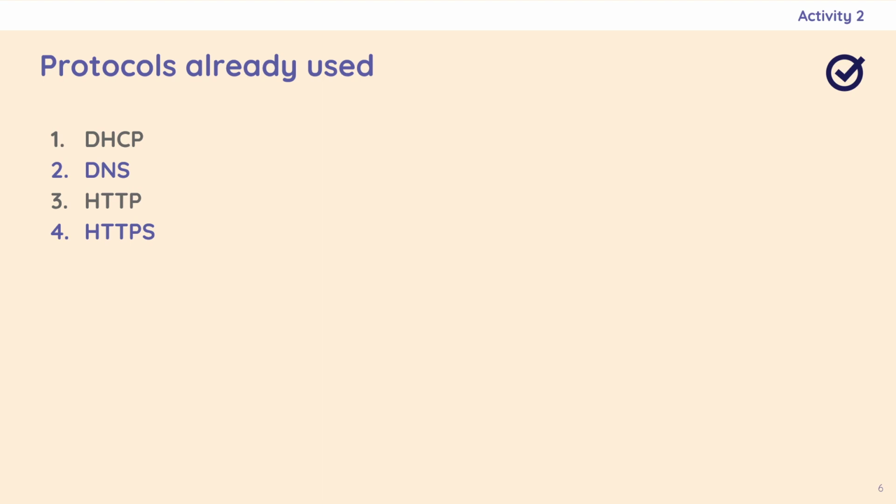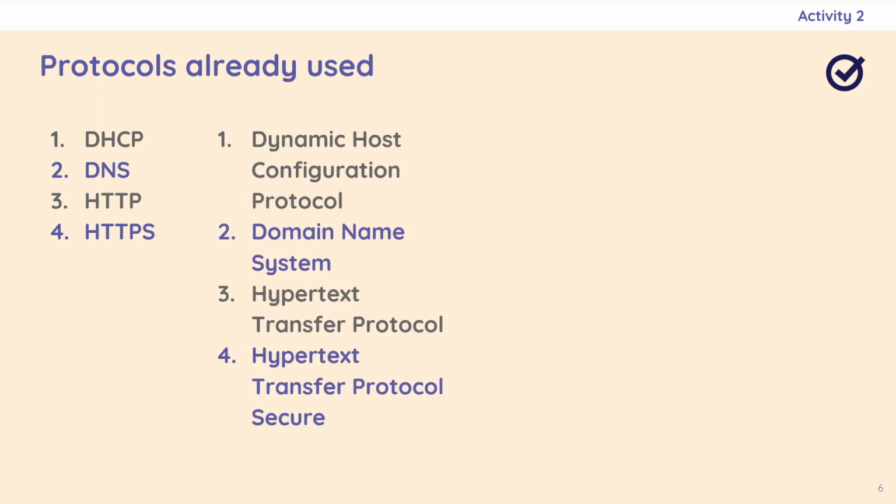So, the two that I want you to be aware of straight off the bat are DNS and HTTPS. And I know you may have heard of HTTP, but not so much DHCP. And that's because they all have different meanings.